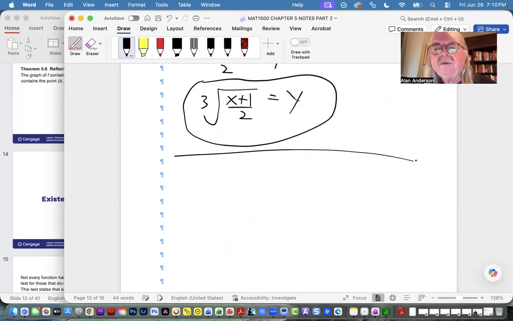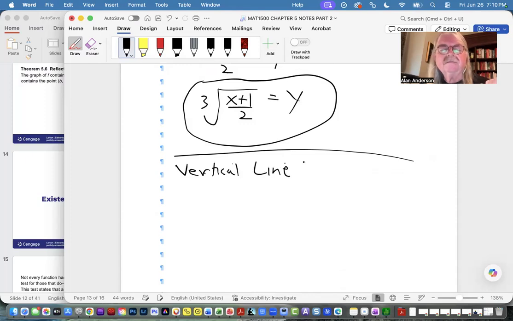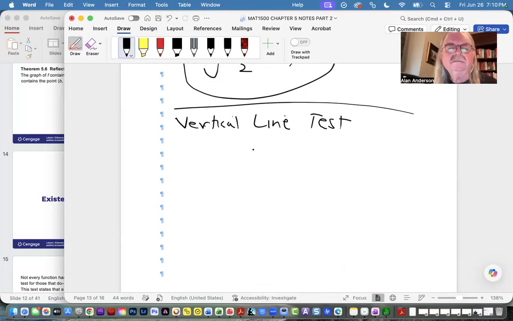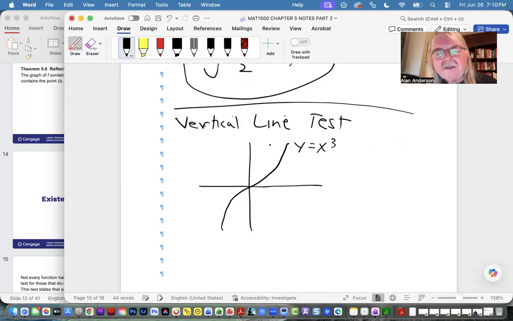Now, you may remember from way back in your travels, there's a graphical test to determine if a relation is a function, and it's called the vertical line test. And how does that work? If I draw a vertical line, any vertical line, and it never crosses that curve more than once, then this is a function.